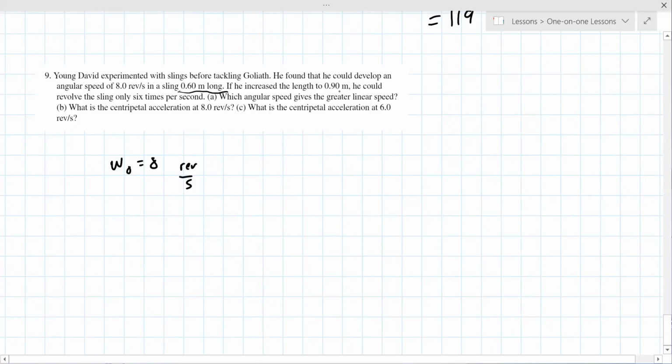If he increased the length to 0.9, he could revolve the sling only 6 times per second. Which angular speed gives the greater linear speed?